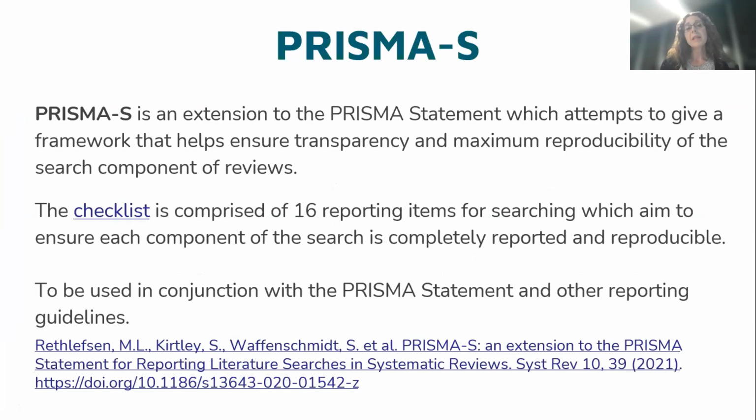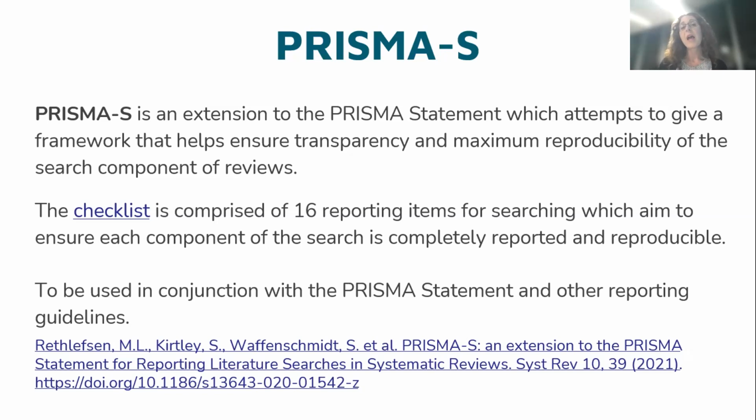So PRISMA-S is a new extension to the PRISMA statement, which was published in 2021. The point of the PRISMA-S statement is due to the importance of the search within the review process, and there's inconsistency in the reporting of search.